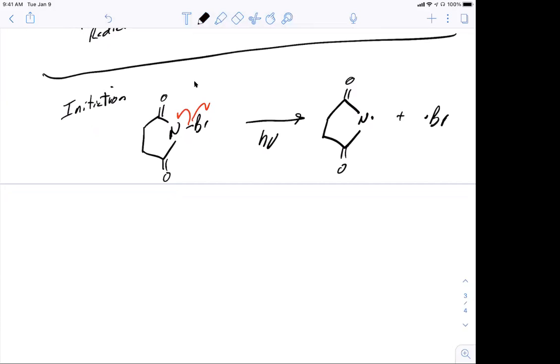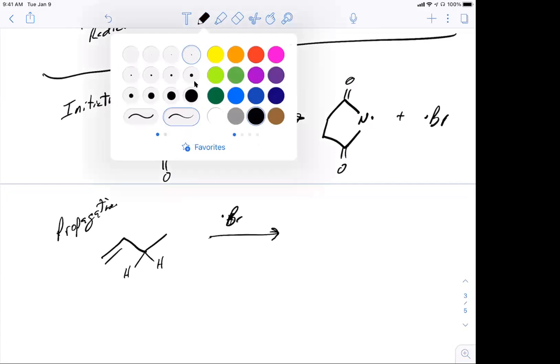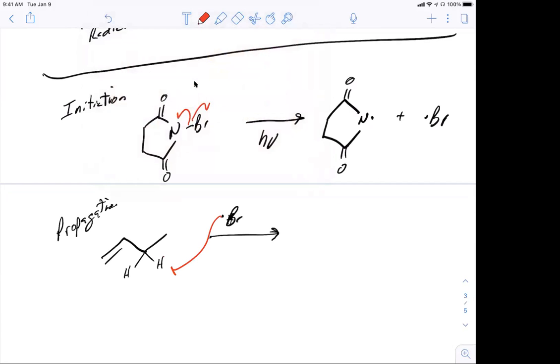And that bromine radical can react with our allylic position, again with the little half arrows, fishhook arrows.